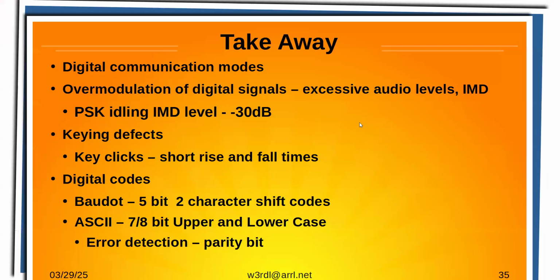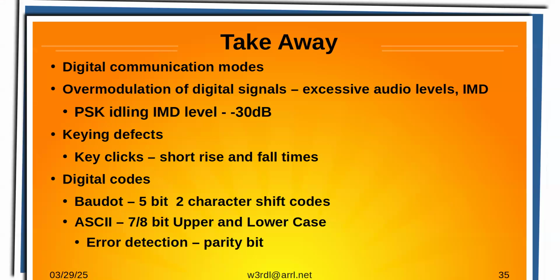Okay. So, what did we learn? The PSK idling level was minus 30 dB. I don't know why that's important, but it's on the exam. Keying defects or key clicks, so you increase the rise and fall times as one way to fix it.